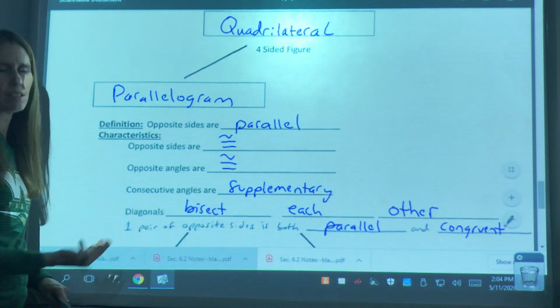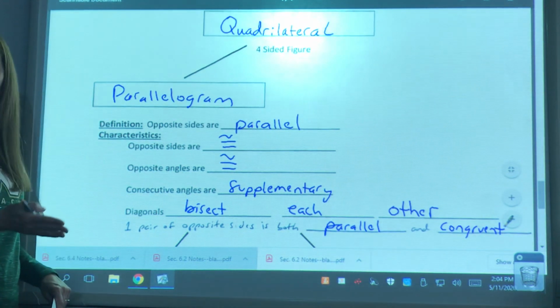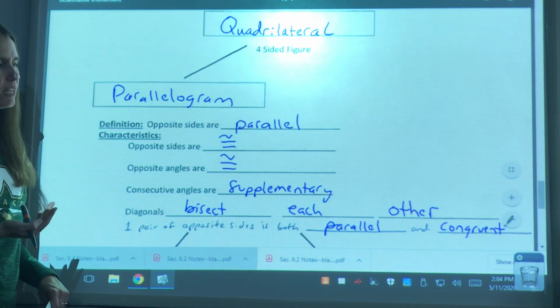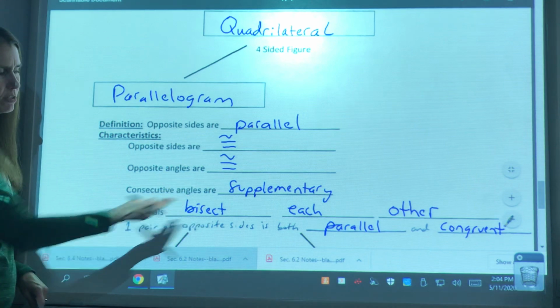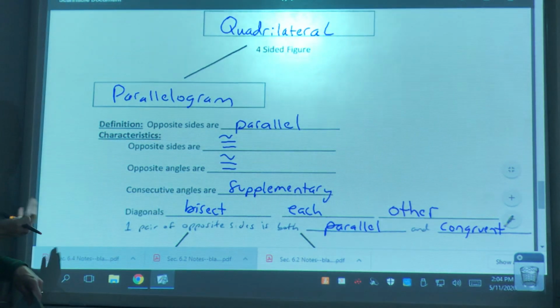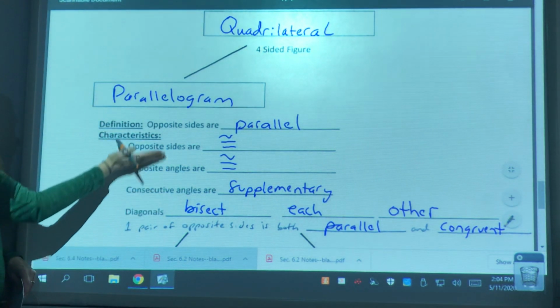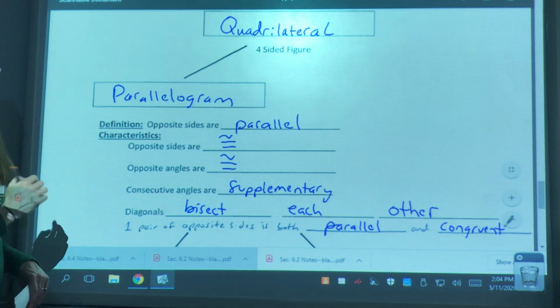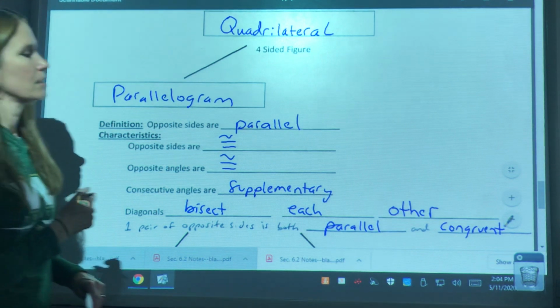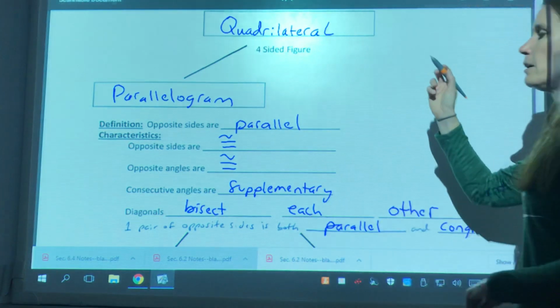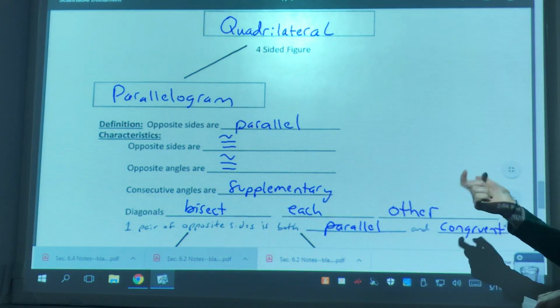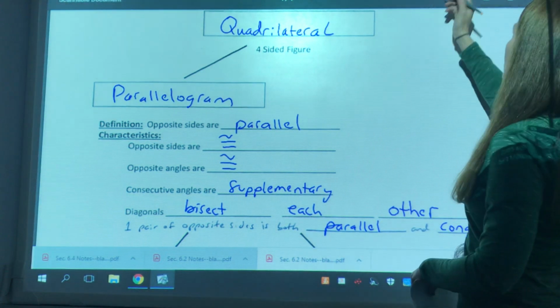It's okay if that one doesn't seem familiar to you. That is actually something from section 6.3 that we chose not to cover with you at this point, so you don't necessarily need to worry about that one right now, but all of these others we have talked about. Let me go ahead and move it up, and then we can see how rectangle, rhombus, and square fall in line with this as well.